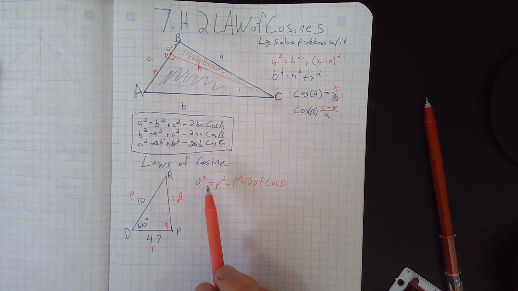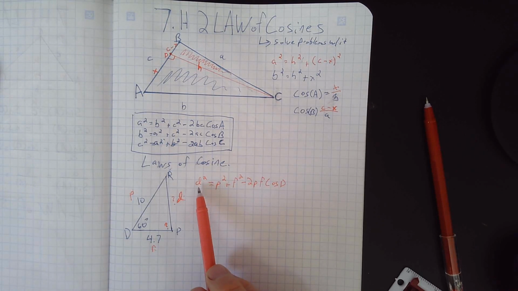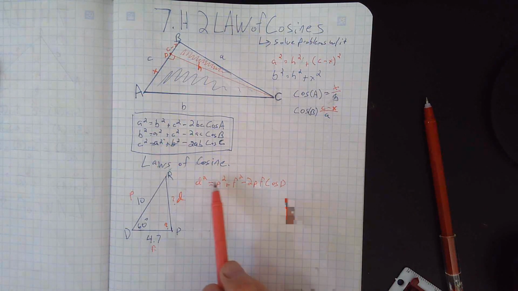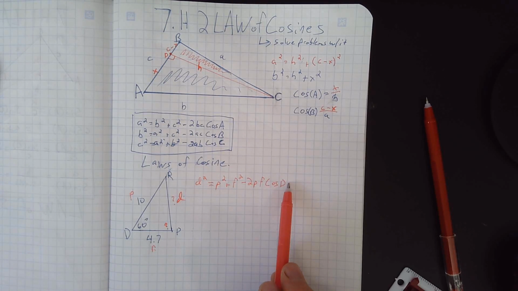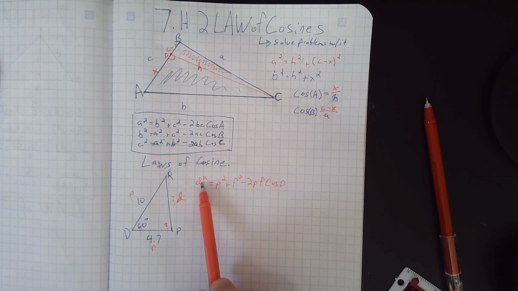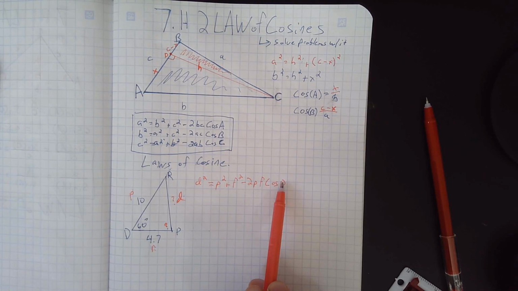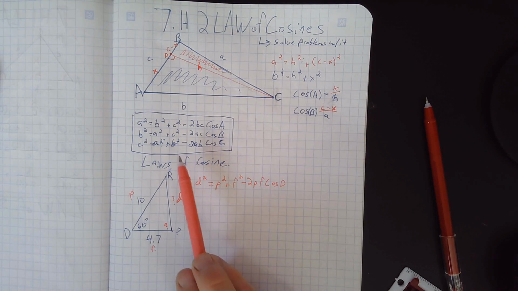It's the first and the line segment associated with the angle, two line segments not associated with the angle, and those two sides squared.